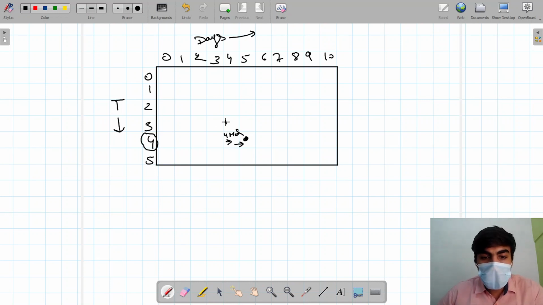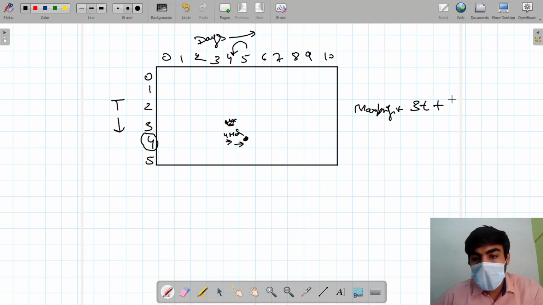Like we have, I am writing here, the max profit of 3 transactions plus the transaction between the previous day and today, like ARR of 5 minus ARR of 4.